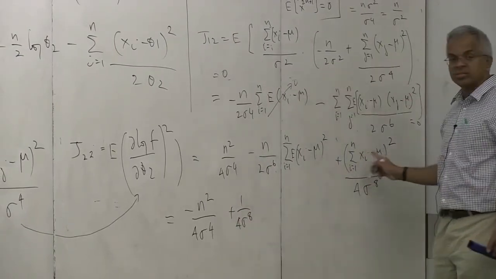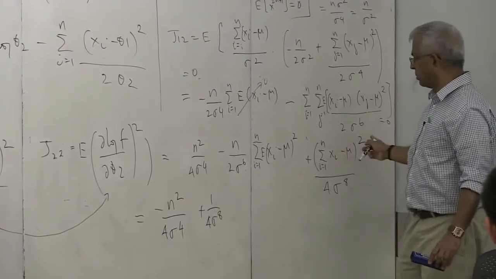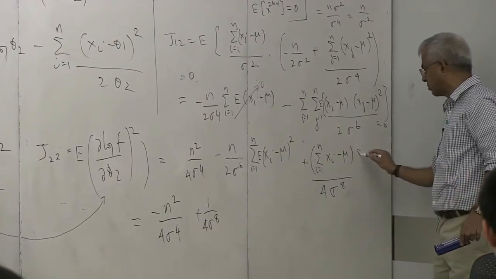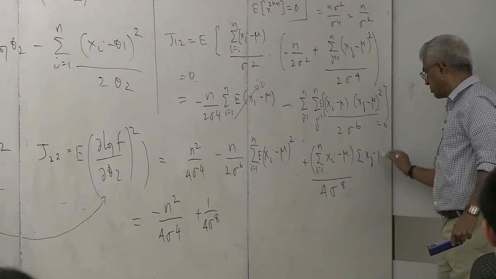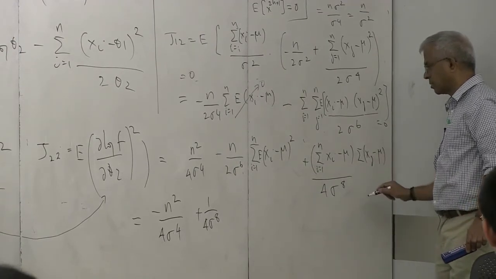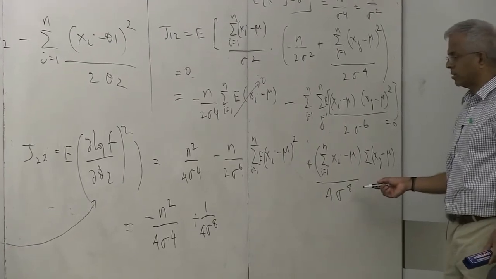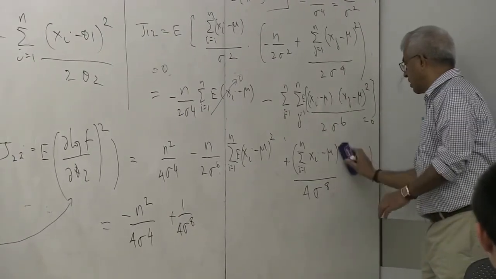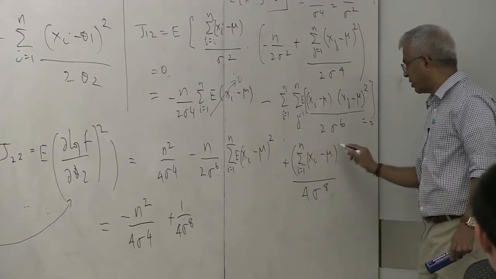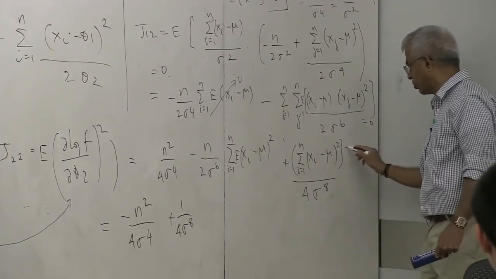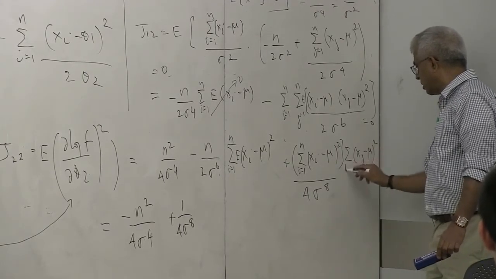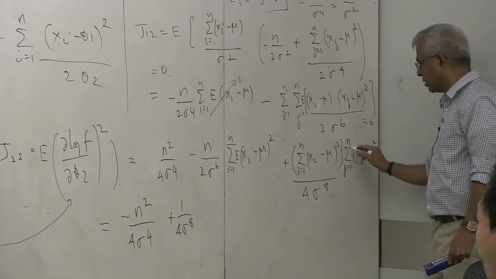Then you have to do this, this is a double summation, right? So this is the same as multiplying this one more time. I'm going to use a different symbol. There was a square, what happened? Initially each of them is squared, then you have to square the whole thing. So I'm going to multiply by (xj minus mu) the whole squared, j equal to 1 through n.